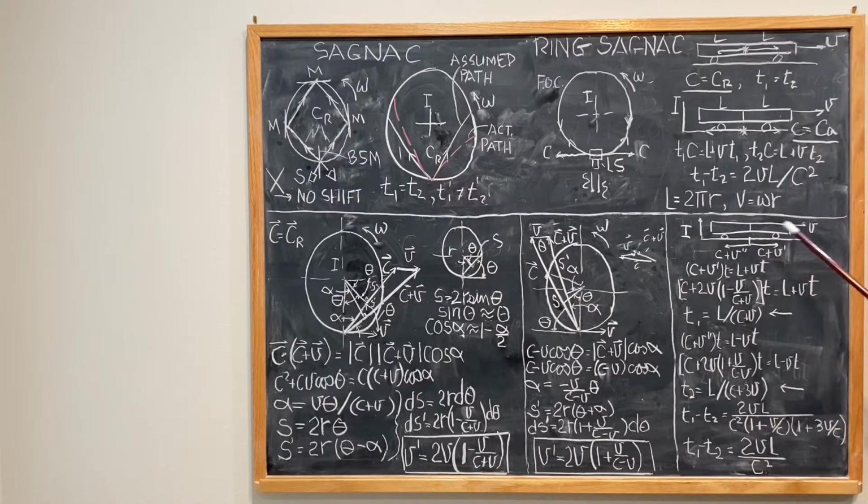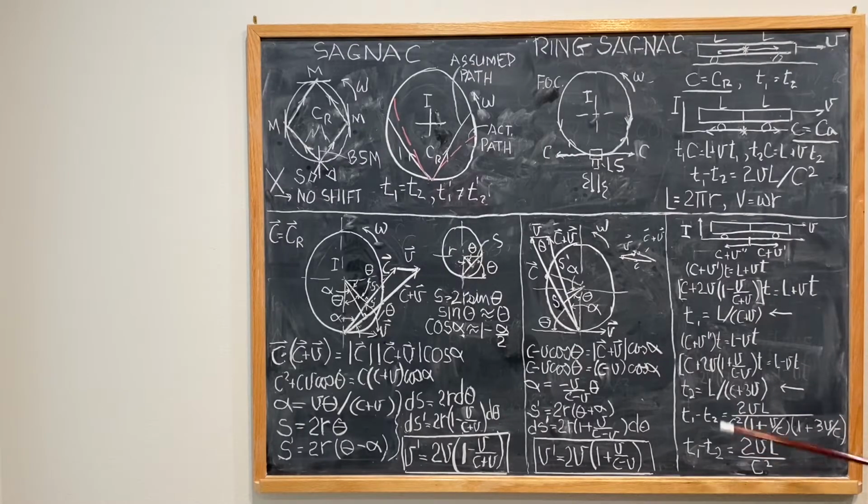Then for the other direction, I have c plus v double prime times t, the velocity of the light heading in that direction with respect to the inertial frame, times t is equal to the distance it travels, which is L minus Vt in the time t. Substituting for v double prime, which is (1 plus v over c minus v), you find that t2 is equal to L over c plus 3v.